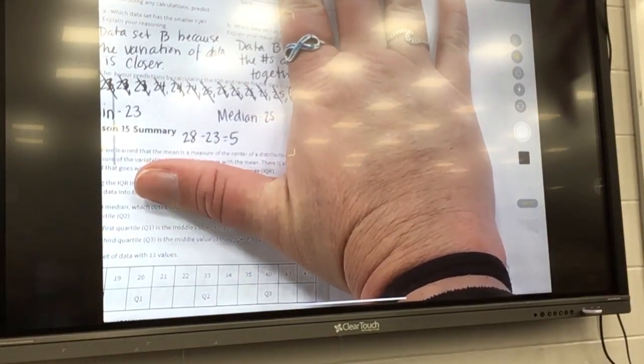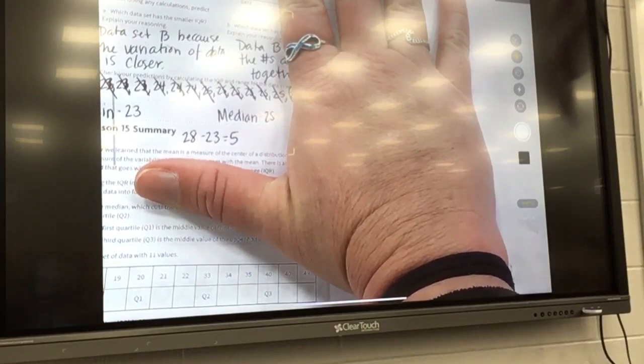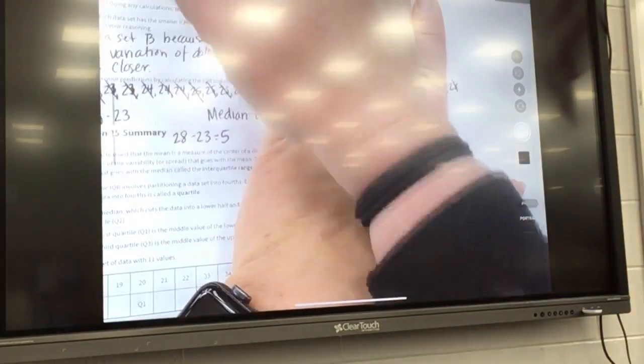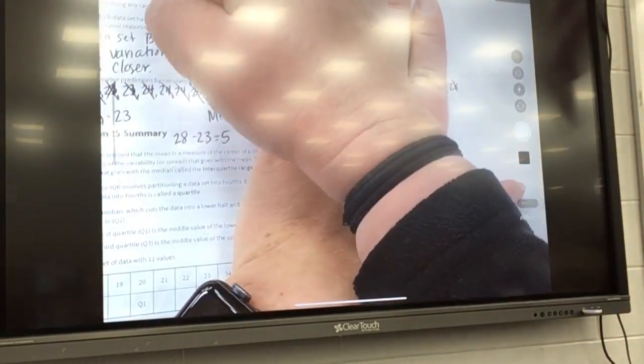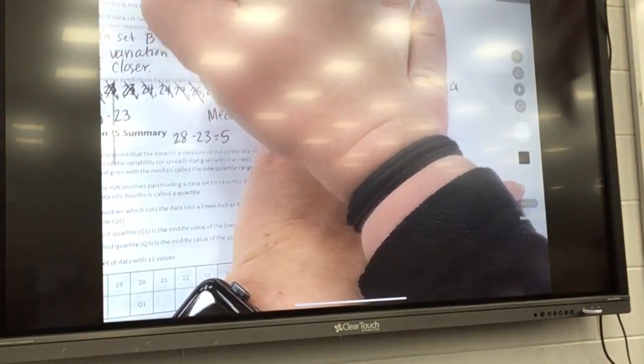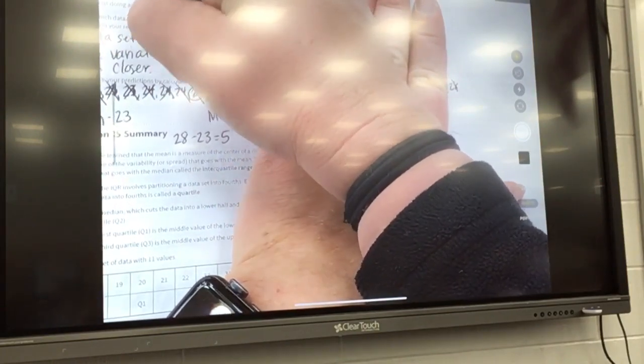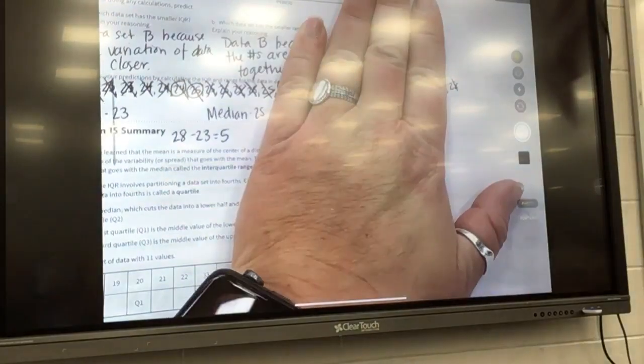Why do I not include the last? Because it's the middle part and there was only one number, right? All right, so I am left with 25 and 24.